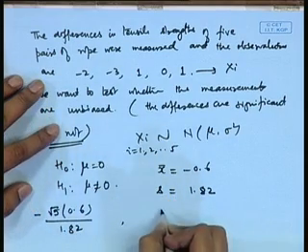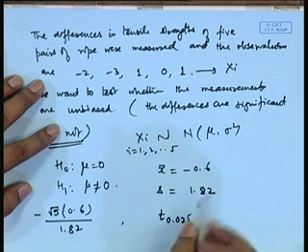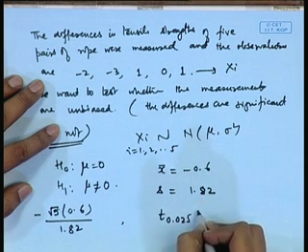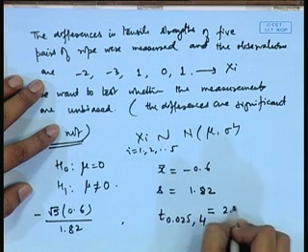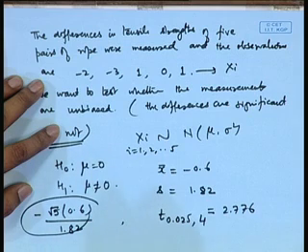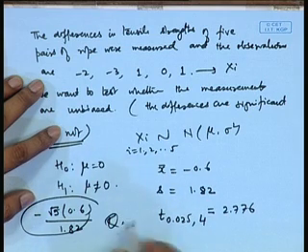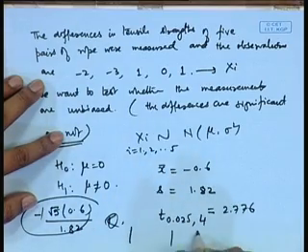Suppose I am seeing the value of t at say 0.025, that means I am making a test at level of significance alpha is equal to 0.05, then this value is 2.776. Easily you can see that, if I am taking absolute value of this, it is less than 2.776.